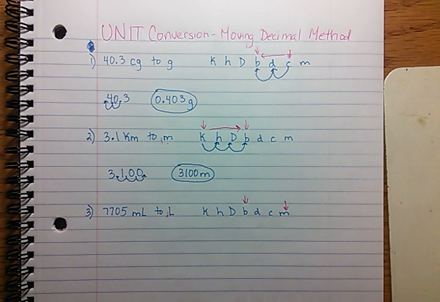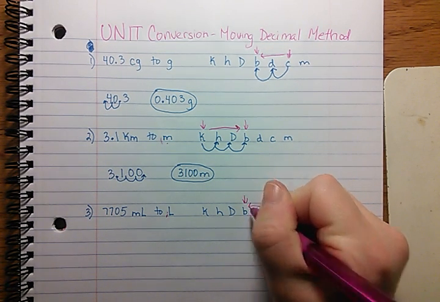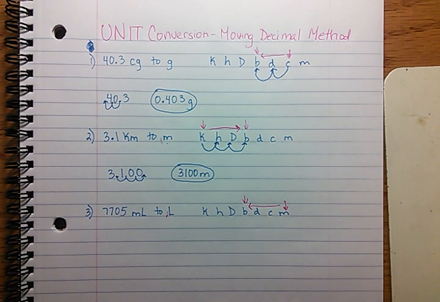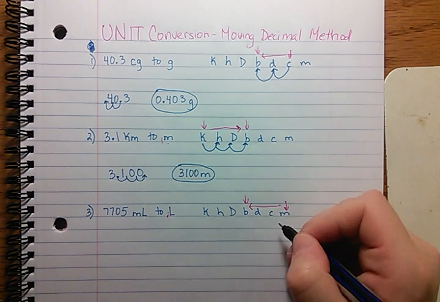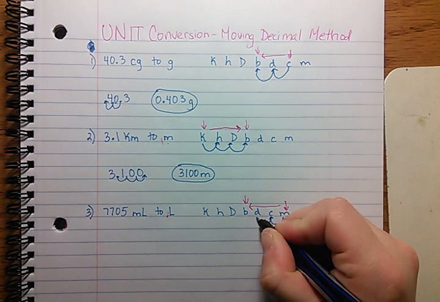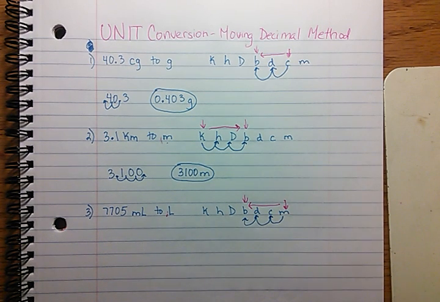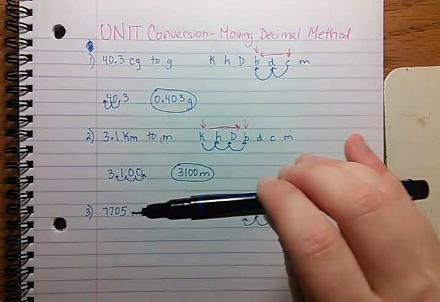So again, we are going to B. So we're going from M to B. And by how many places do we want to move the decimal? So remember, you don't count the one that you start on. So we go 1, 2, 3. So we're going to end up moving the decimal 3 spots that way.